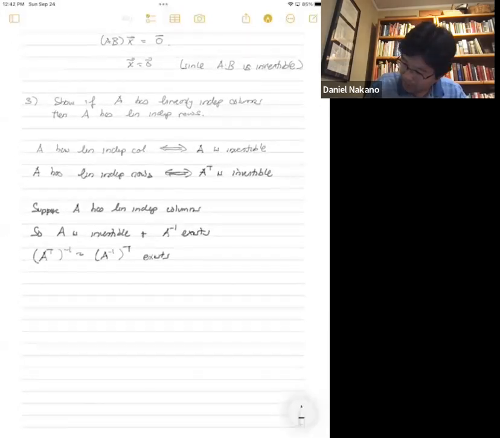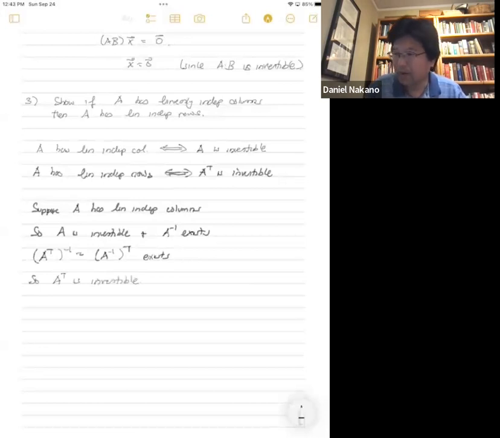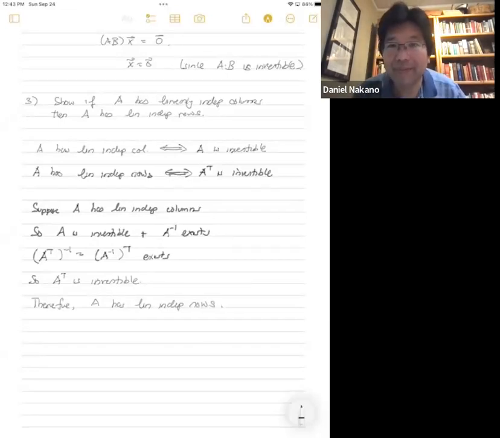And so A transpose is invertible also. So A transpose is invertible, so A has linearly independent rows. So therefore, A has linearly independent rows. Okay, so that finishes everything off.